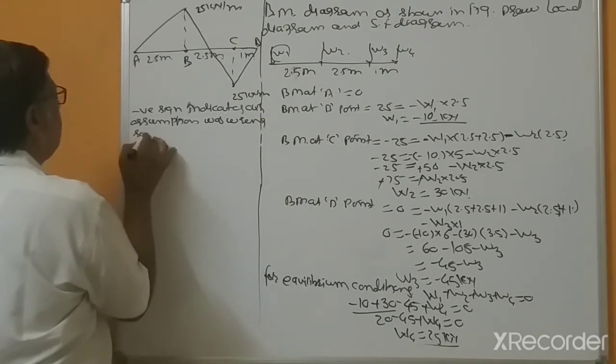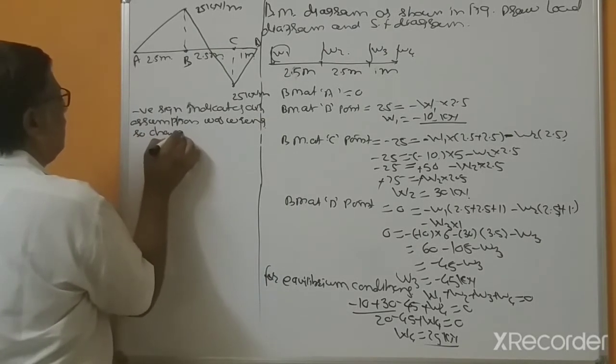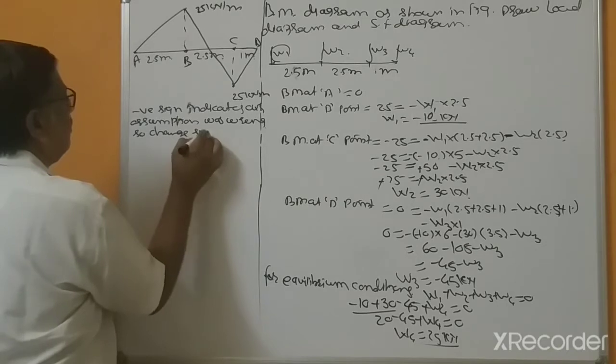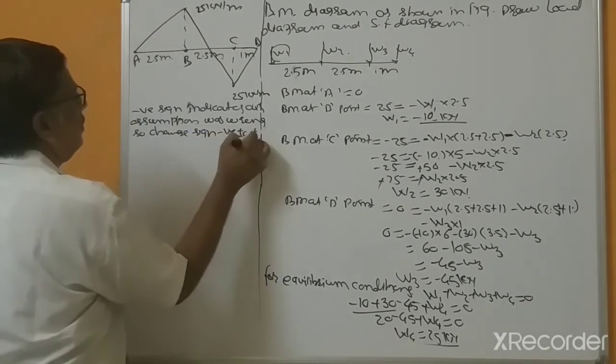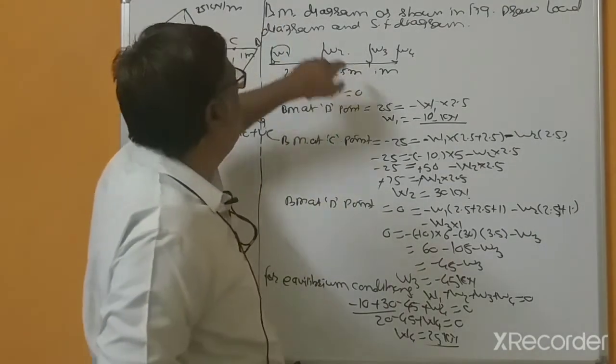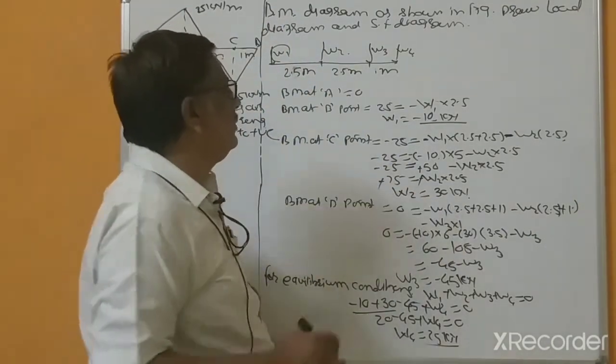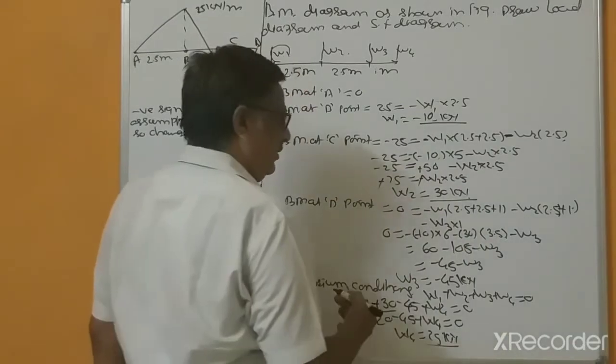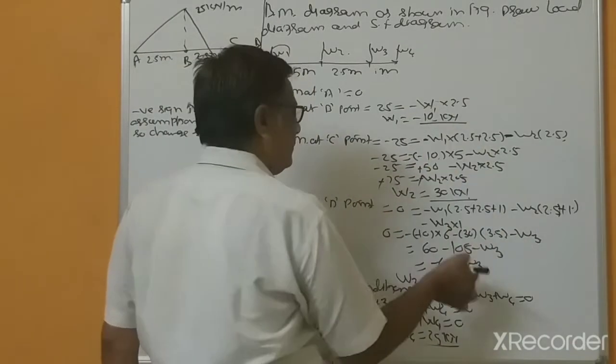So change the sign from negative to positive. We assumed this is downward, and W2 is 30 kilonewtons, this is final. So we have to change this sign.